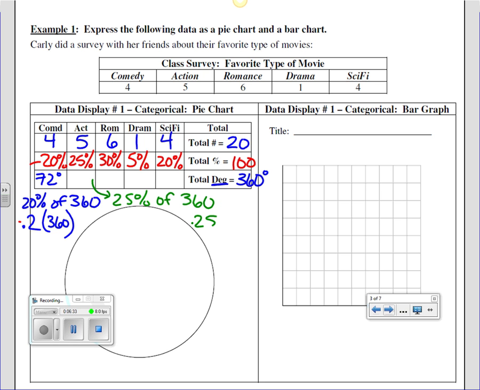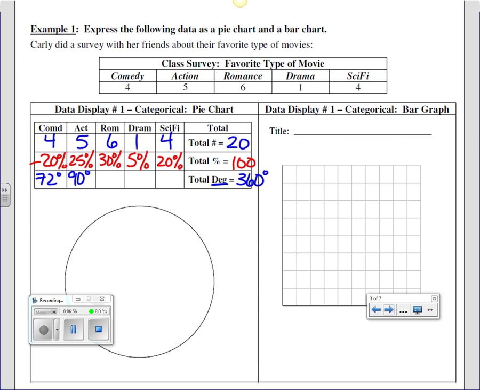Multiply. So you multiply by 360. So 0.25 times 360. What are y'all getting? 90. That's fine. So that one's 90 degrees.